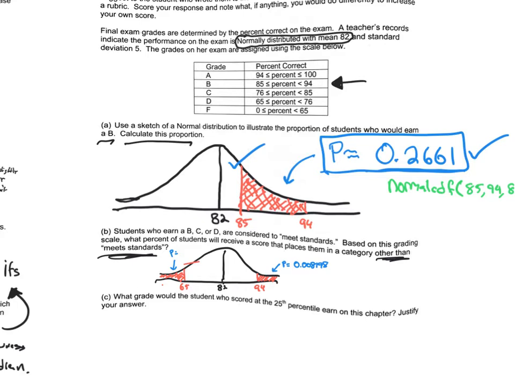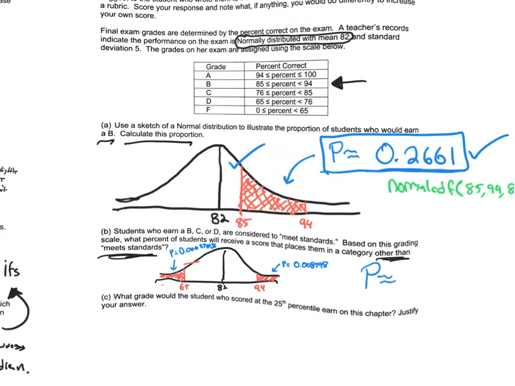All right, and then I'm going to do the other one. So I'm going to go normal CDF. But now my lower bound is negative infinity, so I'm going to do a negative really small number. My upper bound is 65, with 82 and 5. So I get a real tiny value, 3.3698 e to the negative fourth. That means I need to put three zeros in front of the 3.3698. Now I'm just going to add those two together, and that's going to be my actual proportion.